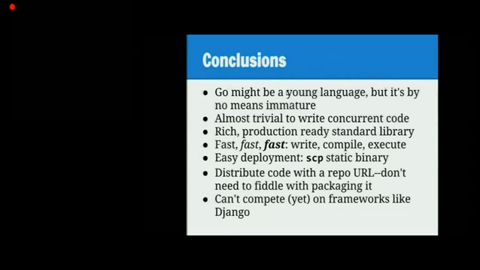So, easy deployment. Go compiles static binaries, so you can literally SCP and you're done. Now again, if you deploy any sizable Python project, which I do, you develop locally and then push it up to your live server, and if you forget to install some third-party package, then bad things happen.